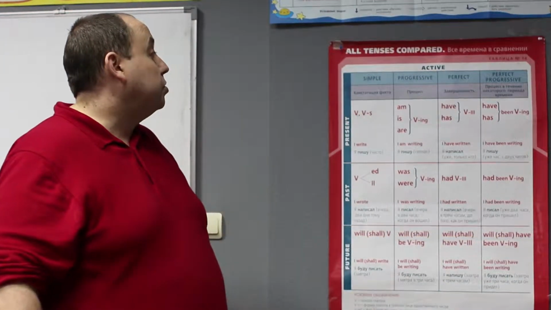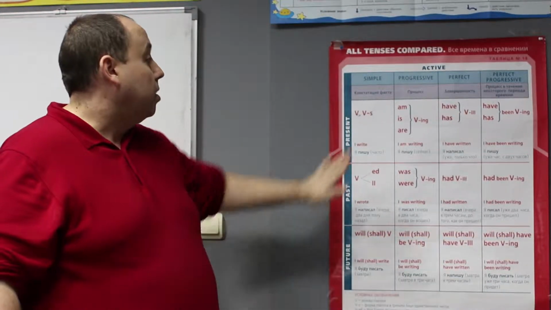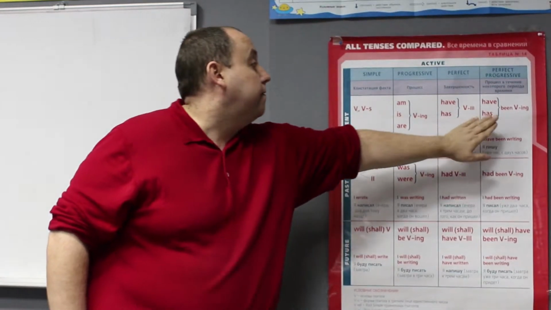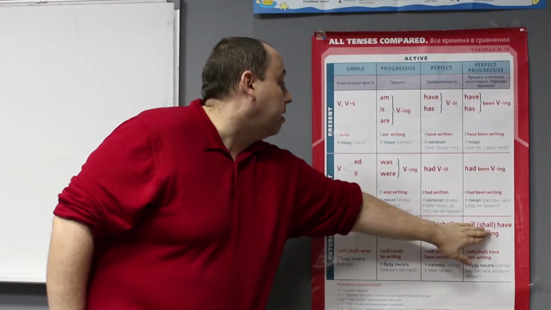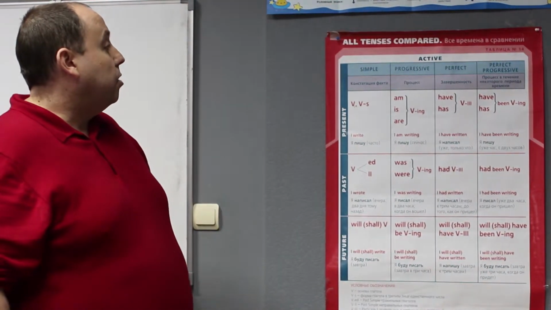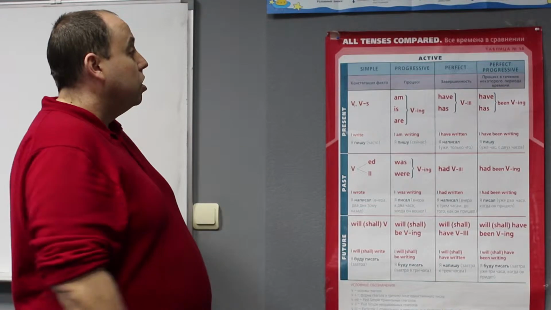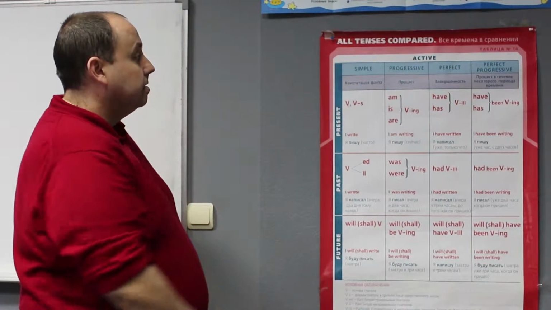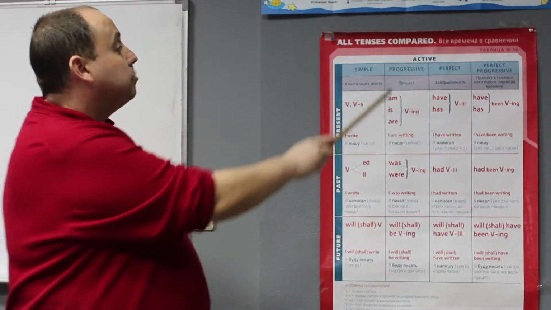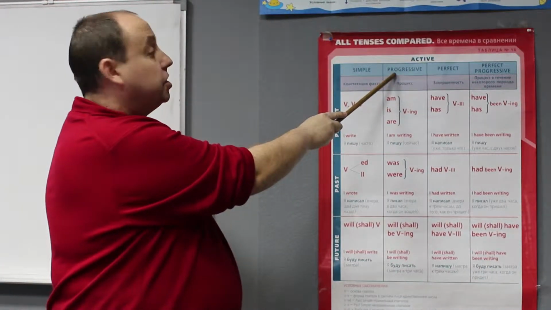In the active voice we have 12 different tenses. 1, 2, 3, 4, 5, 6, 7, 8, 9, 10, 11, 12. Now, to start off with, we have the simple. Here it is. After that we have the progressive, also known as the continuous.